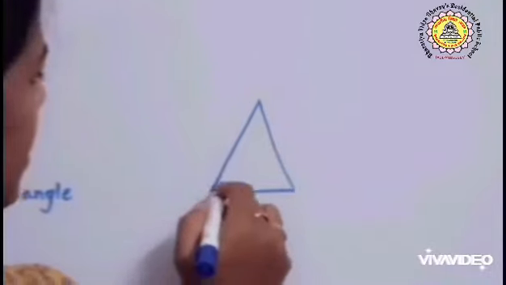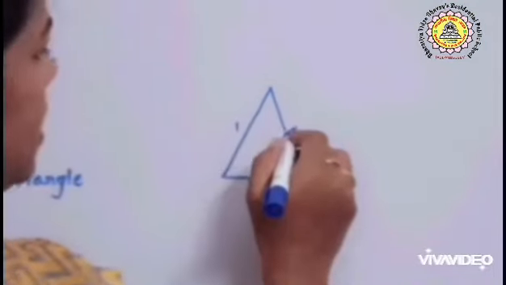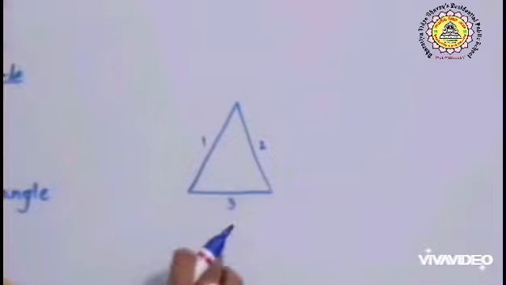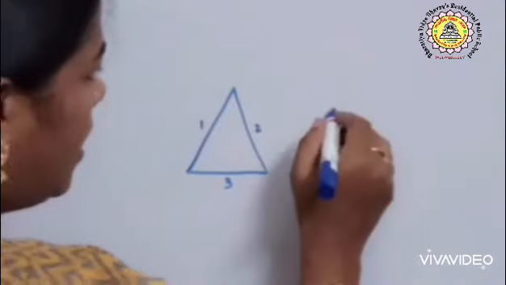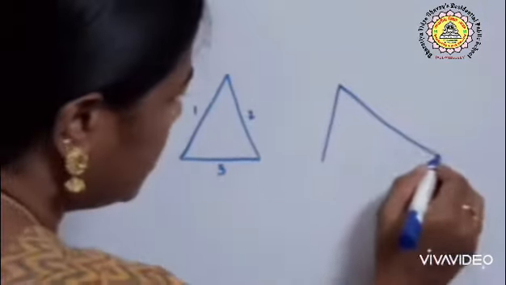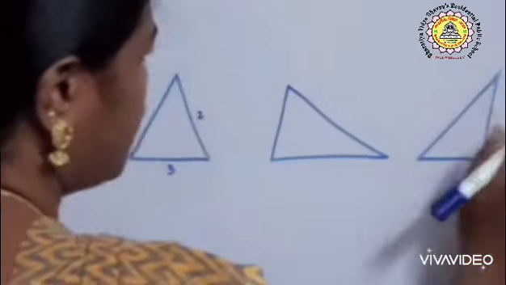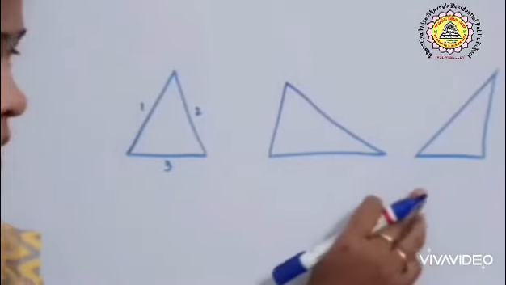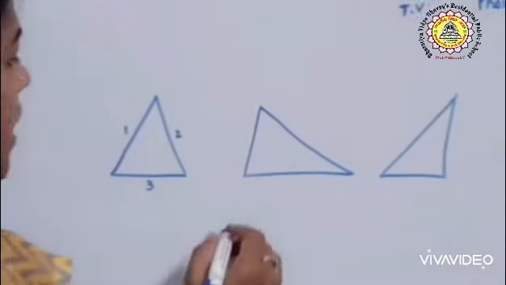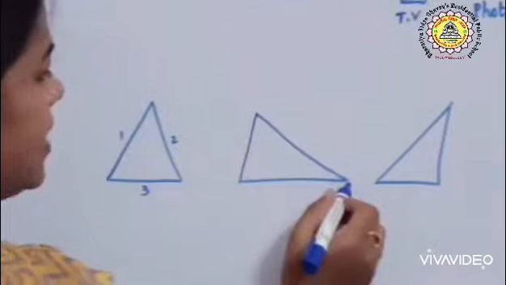This is a triangle. It is made of 3 straight lines. It may be in this shape also. It may look like this shape also. These three are triangles. Three sides, it has an angle.